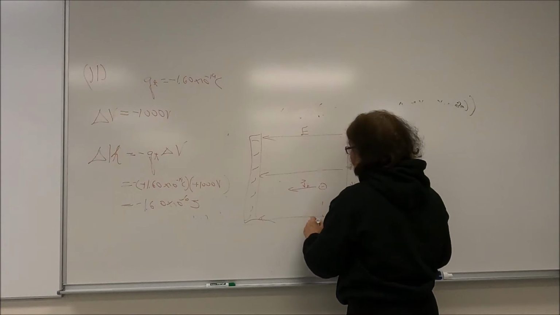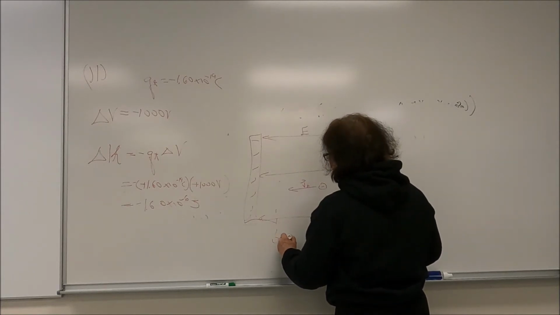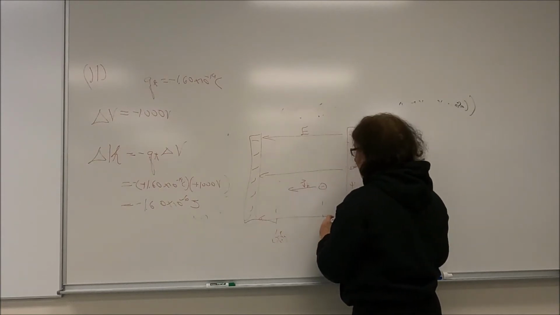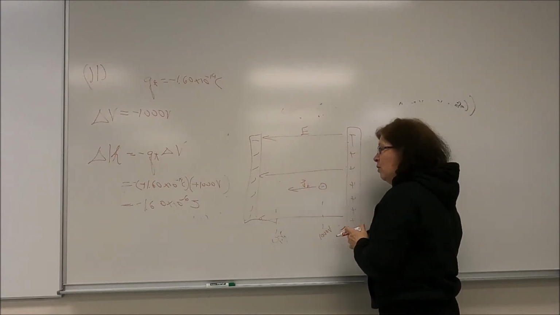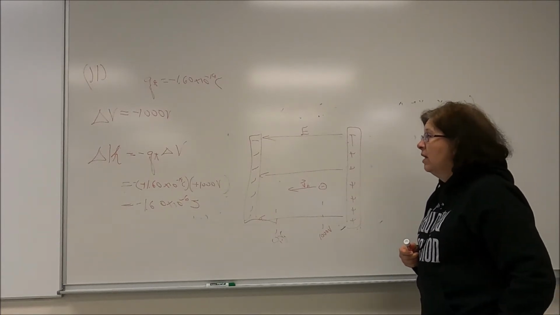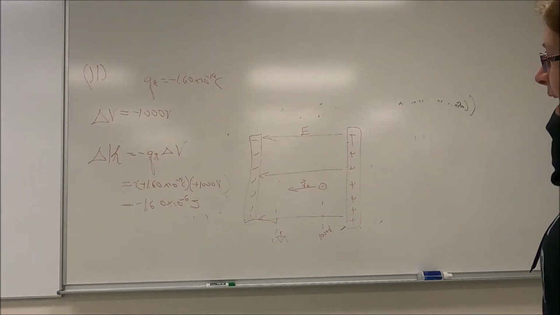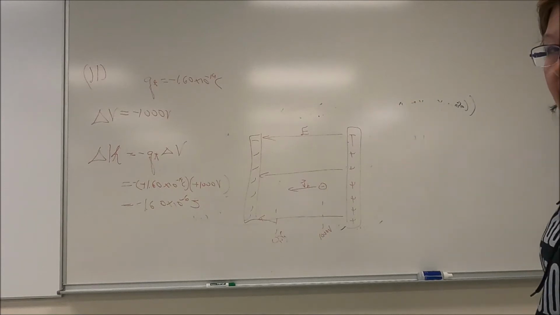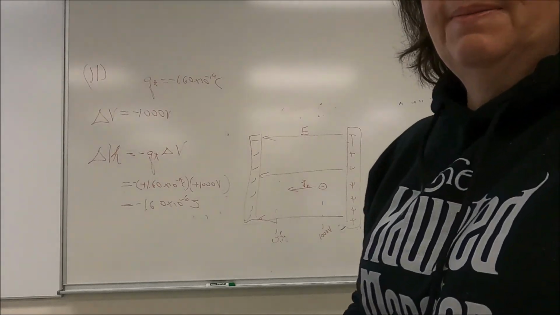If it's moving toward the negative plate, okay, so this was 1000 volts, let's say this was 0 volts, then its electrical potential energy goes up and its kinetic energy goes down, because it's a negative particle moving toward the negative plate.